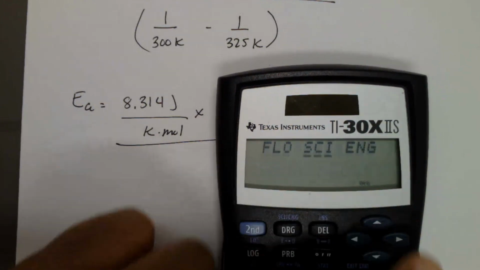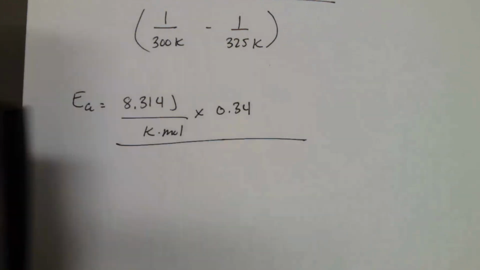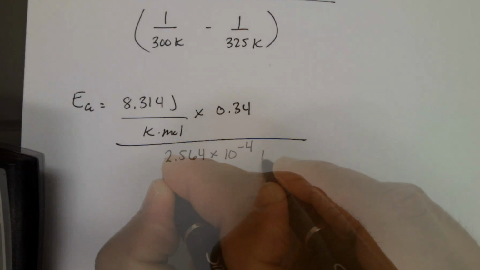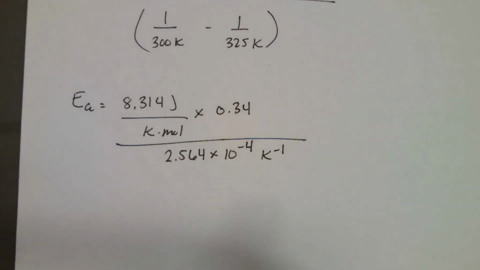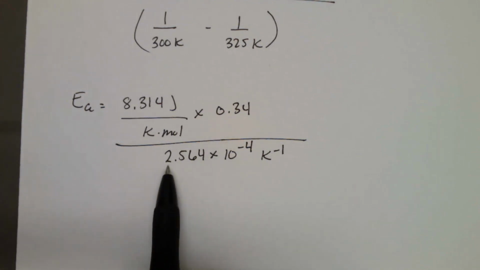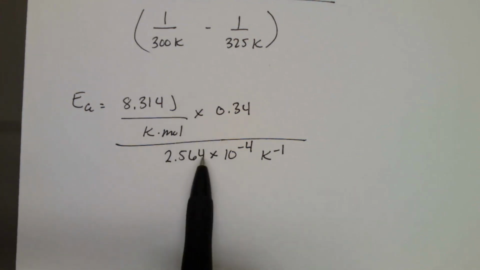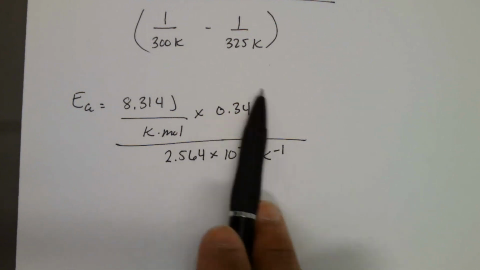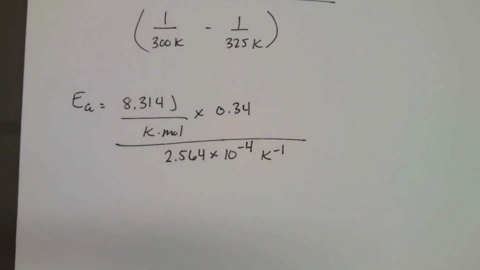I'll go ahead and write this in scientific notation, a little bit easier to see. And notice my Kelvin is inverse. I guess I probably should have gone to 3 sig figs, but that's okay for right now. I'm going to be reporting this as two significant figures at the end anyways.